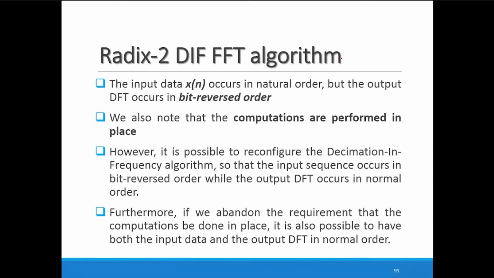Furthermore, if we abandon the requirement that the computation be done in place, it is also possible to have both the input data and the output DFT in normal order. In-place computation means whatever output we get after any operation, we keep at the places of the inputs. If we abandon that requirement, we keep both the input as well as the output.